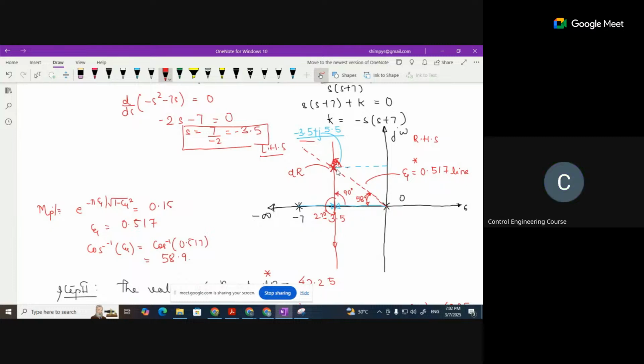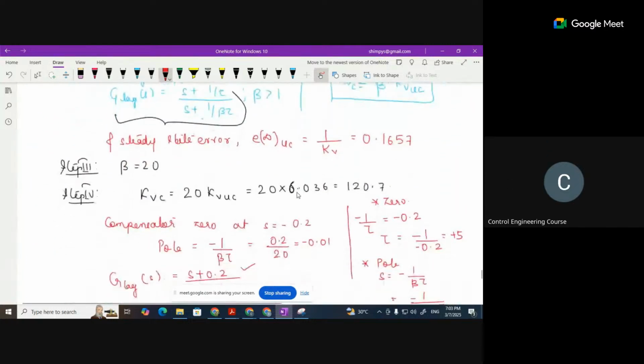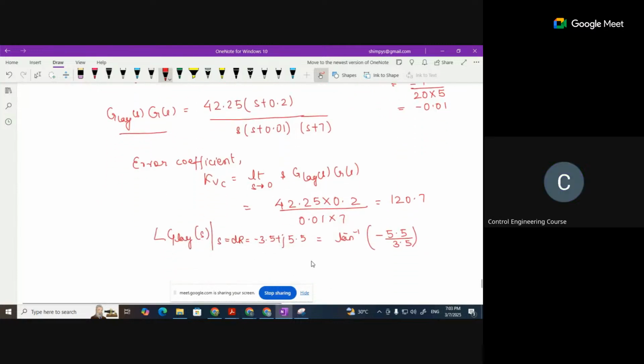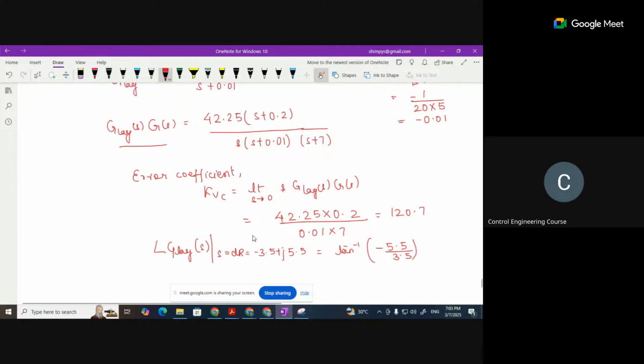This is just the angle that we have obtained by adding the transfer function for our compensator. And for that compensator we have found out the dominant roots or dominant poles. So this was the angle of the dominant poles that we have obtained here.